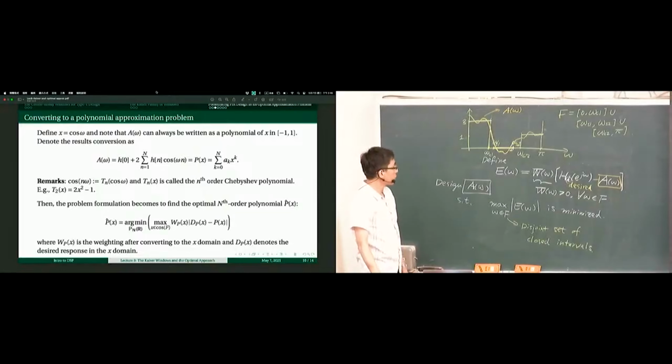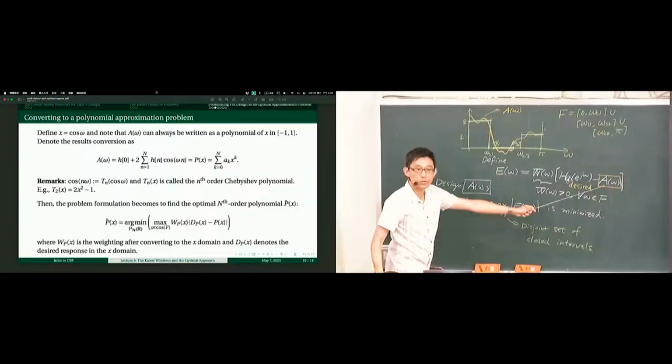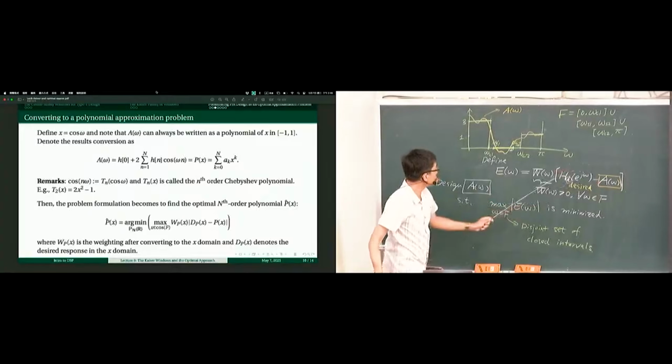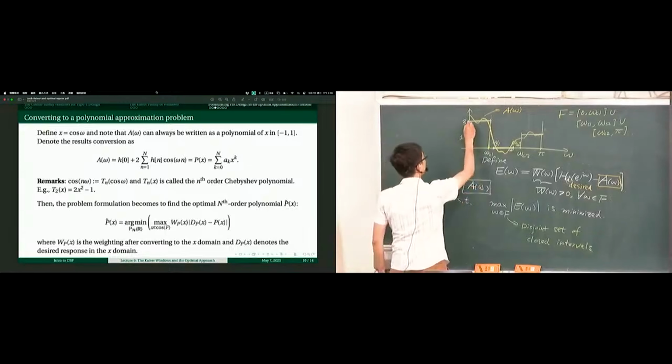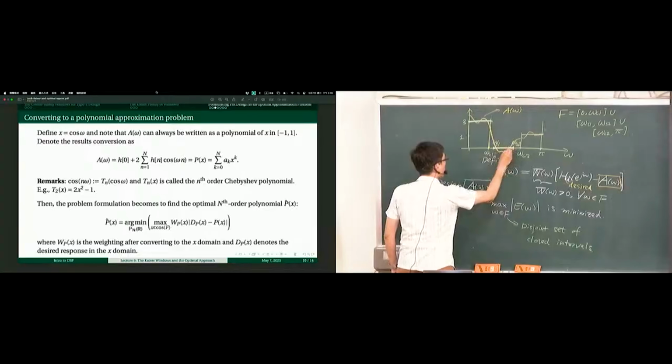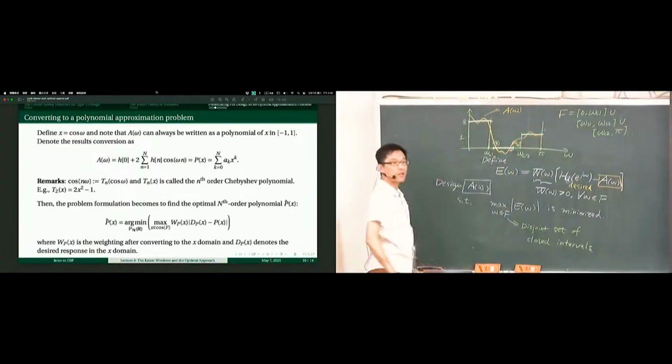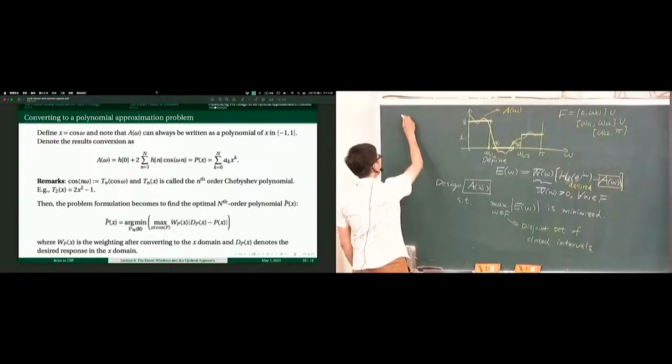But what's next? Now we see that this is your result, and the desired response. What is the desired response? Your desired response is 3 for low pass, 0 for stop band, 1 for the high pass. Let me write it on the left.